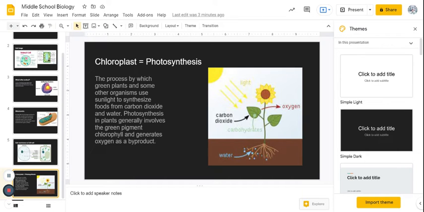I'm sure that you have heard of this term, or maybe you even know this. Photosynthesis is a process which plants use to generate food, which they call glucose. The ingredients they use for photosynthesis are sunlight, carbon dioxide, and water.